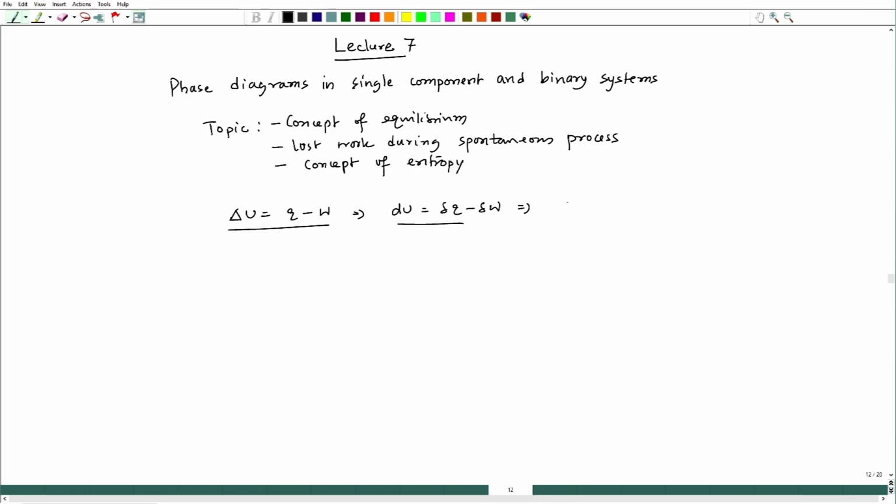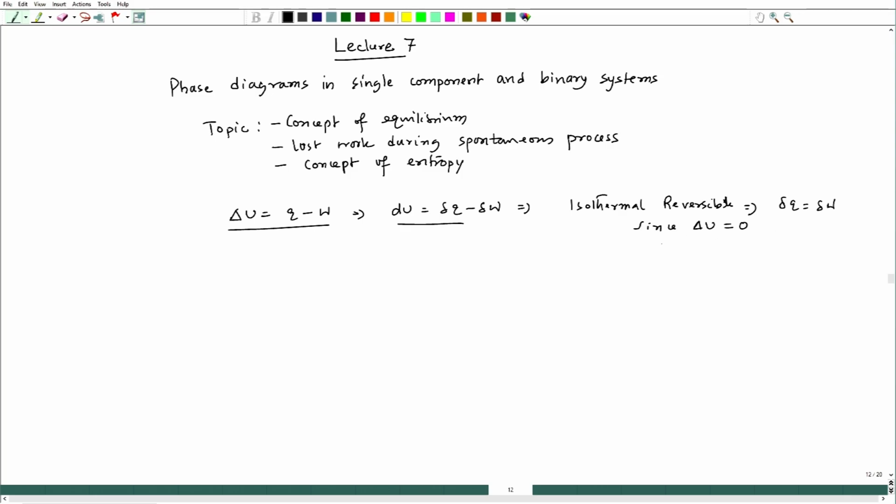Situation 1 is when it is isothermal as well as reversible, where we have seen that del Q equals del W, since del U, which is a state function, becomes 0 under isothermal conditions.